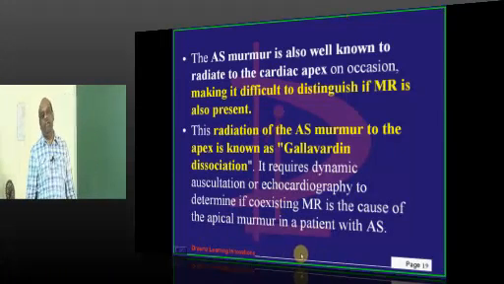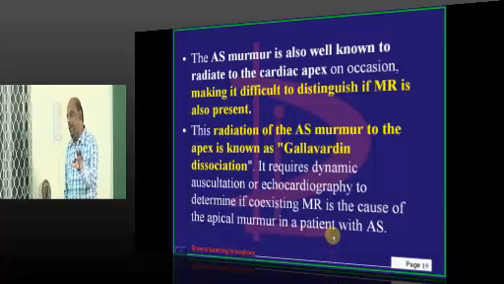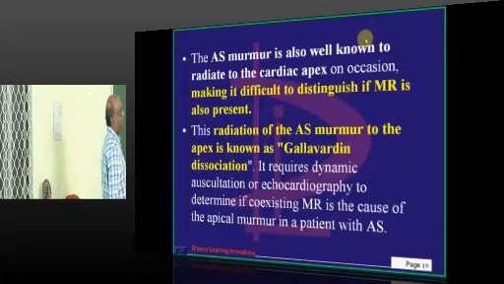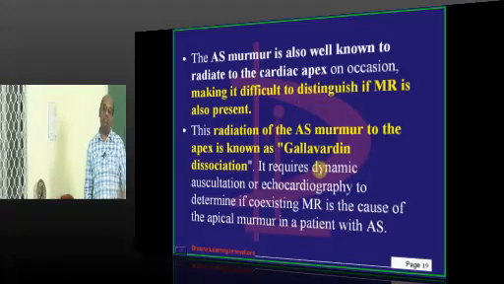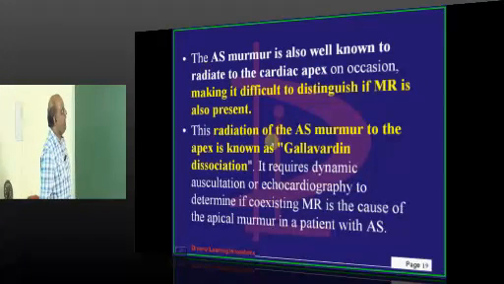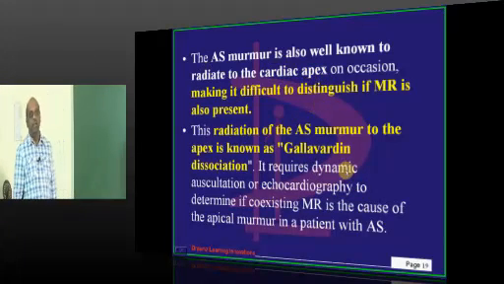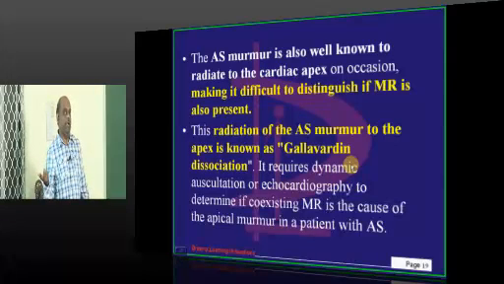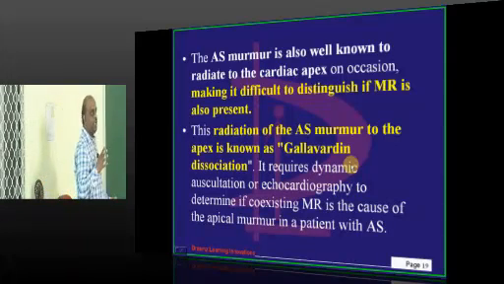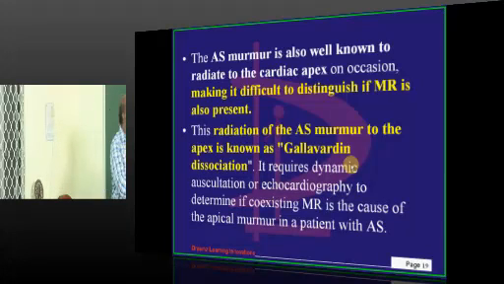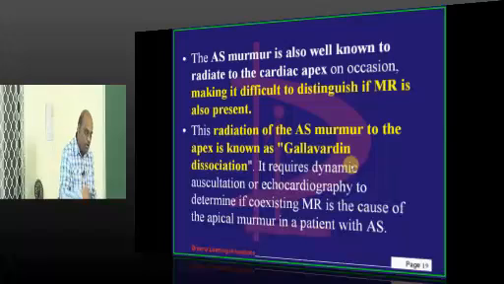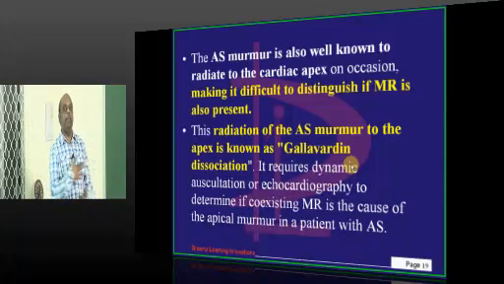Then in this context we need to know what is meant by Gallavardin's dissociation, which is one of the favorite questions in the ward rounds. If you take the aortic stenosis murmur, normally it radiates into the carotids, but sometimes it can radiate into the cardiac apex. Which other systolic murmur also radiates towards the apex, doctor?